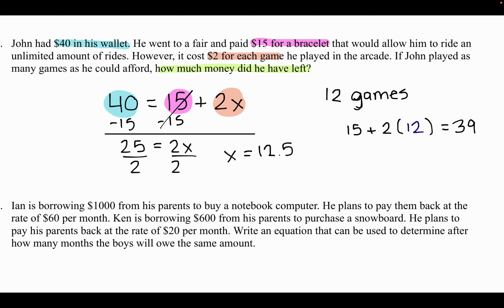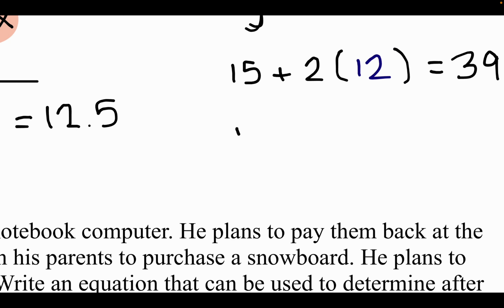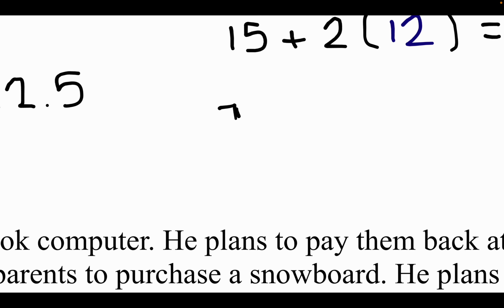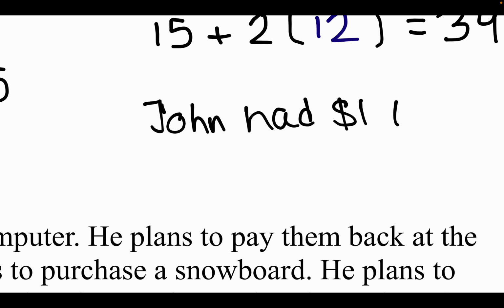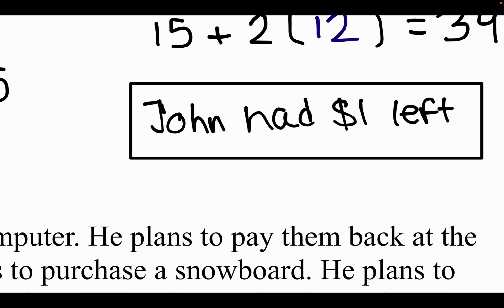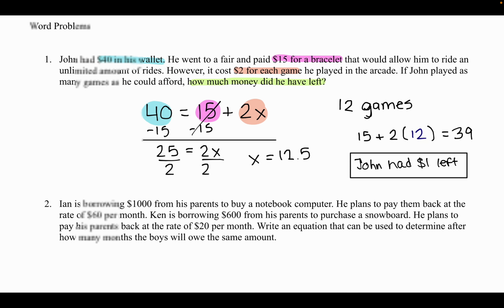So we know he spent $39, so how much money did he have left? John had $1 left, because if he spent 39 but he had 40, that means he only had $1 left.